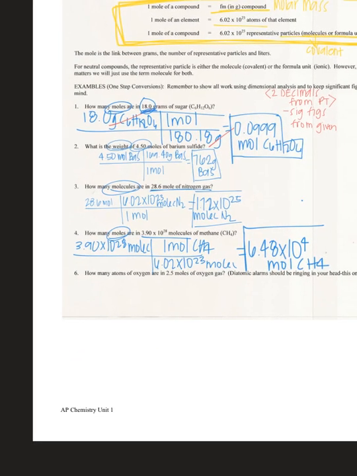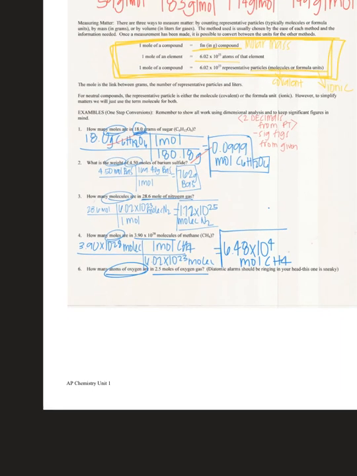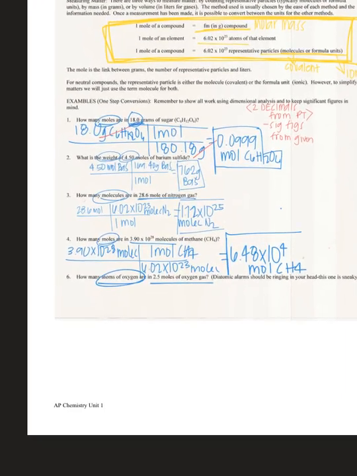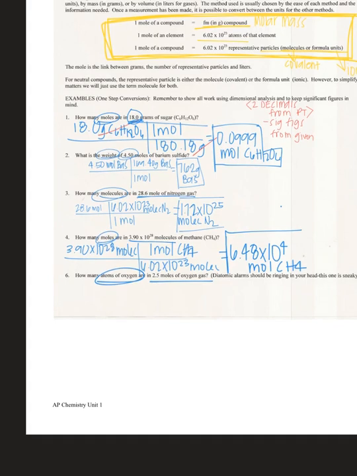All right, last one. How many atoms of oxygen are in 2.5 moles of oxygen gas? Another diatomic. It didn't really matter up here with the nitrogen because we were just going moles to molecules, but now it really matters. That's always something you should be thinking about, and it should be firing in your head.